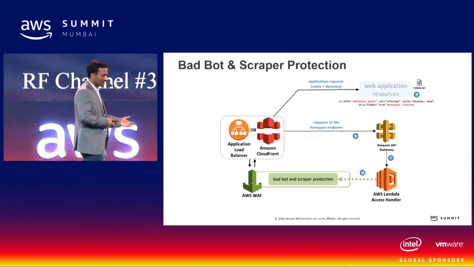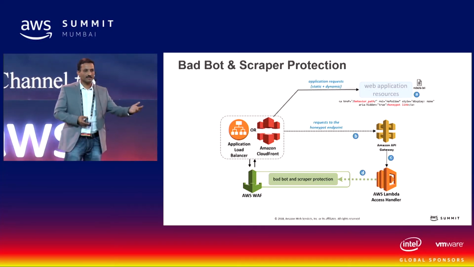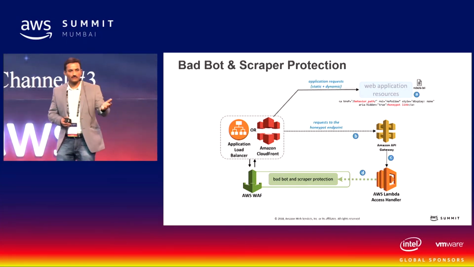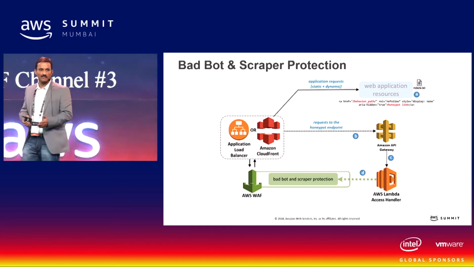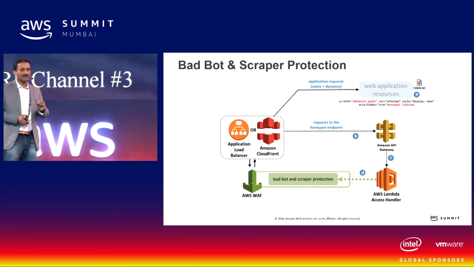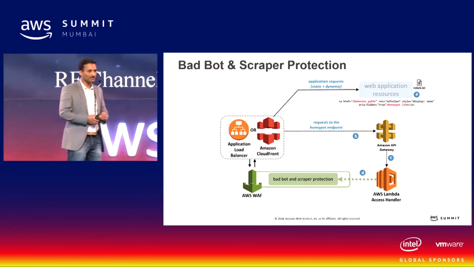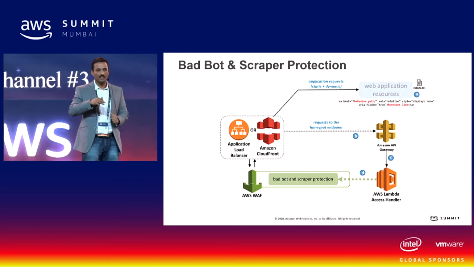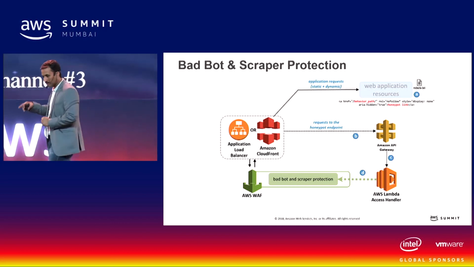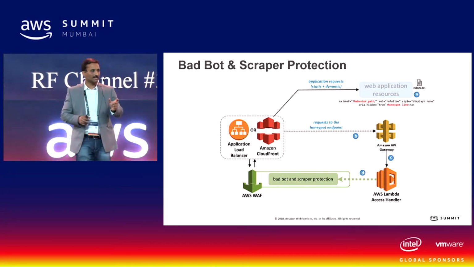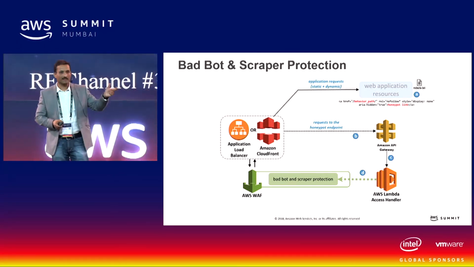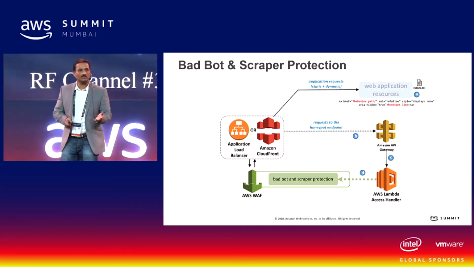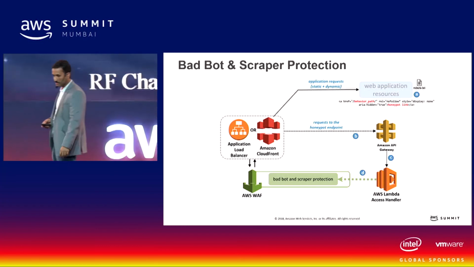So if the application is taking a hit from, let's say, a bad bot, or it's trying to scrape your website, you can embed an API endpoint in your website or a honeypot, which when scraped by the bot will trigger an API, which will trigger a Lambda function, which will go and block that bot's IP address in the WAF automatically, right? So this is a big advantage you get when you are using AWS WAF.